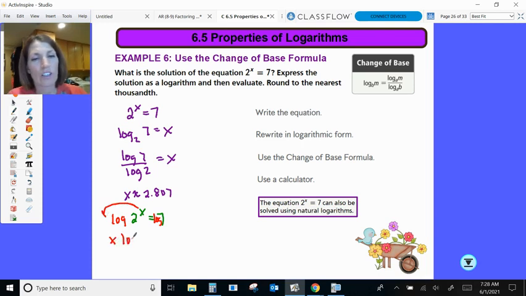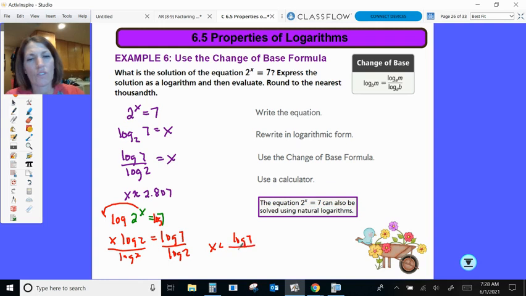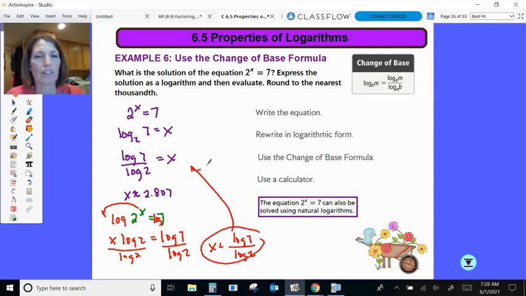So x log 2 equals log 7. And then we just divide by log 2. So x equals log 7 over log 2. And that's what you end up having, the same expression as that right there, right? And so there's a couple different ways you can do that, okay?